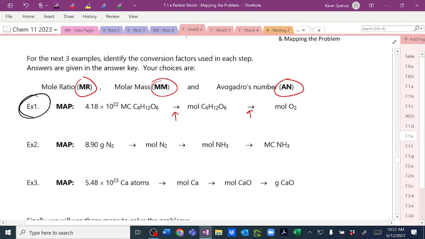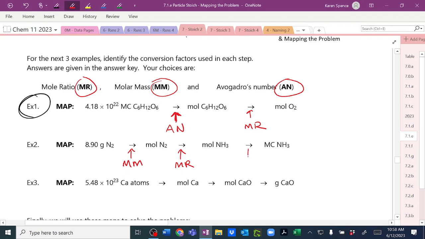Okay? All right. For this first one here, what's the conversion factor? Particles to moles, Avogadro's number. Moles to moles, mole ratio. Grams to moles, molar mass. Moles to moles, mole ratio.